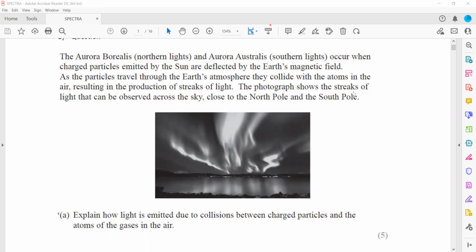So basically what happened is the sun is emitting out charged particles, and when these charged particles are deflected due to the Earth's magnetic field, they enter the Earth atmosphere.